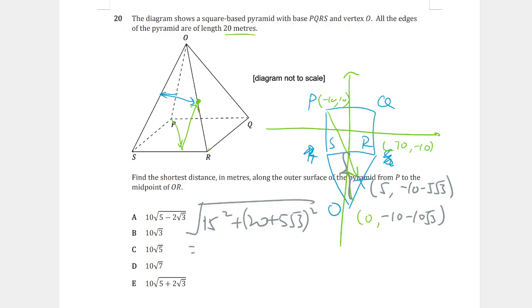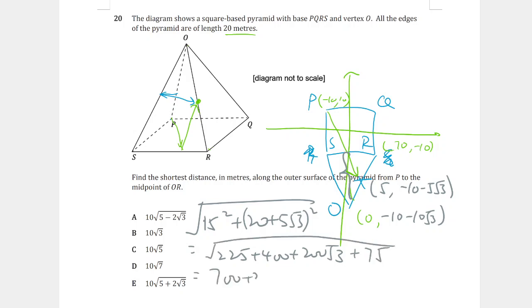So this is 225 plus 400 plus 200 root 3 plus 75. This is 700 plus 200 root 3, and you can take the 10 out, so this becomes 10 square root of 7 plus 2 root 3. It seems like none of the answers have that, so this might be the longer route.